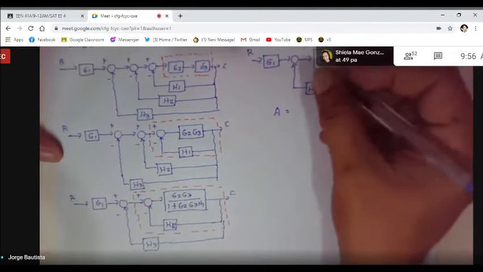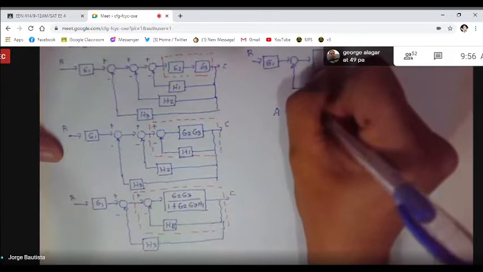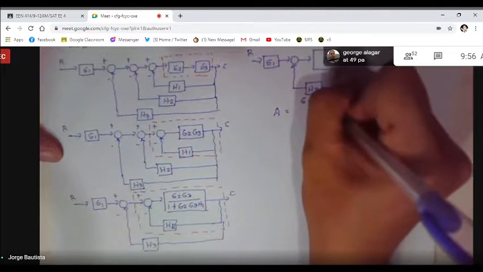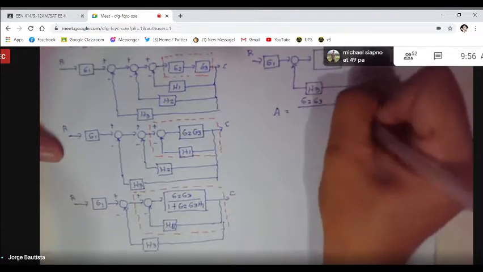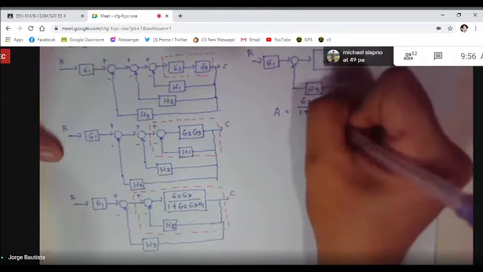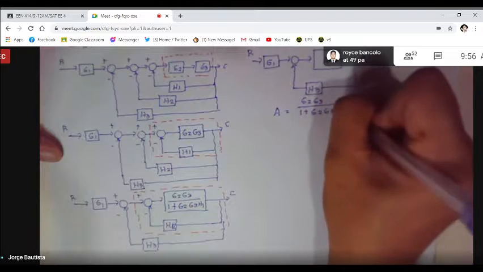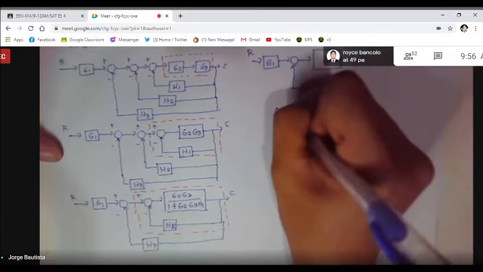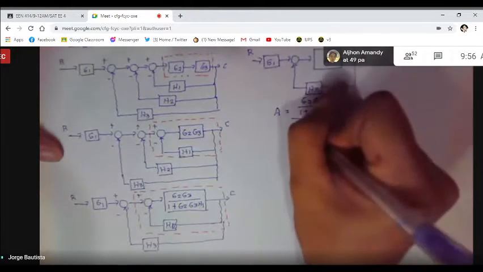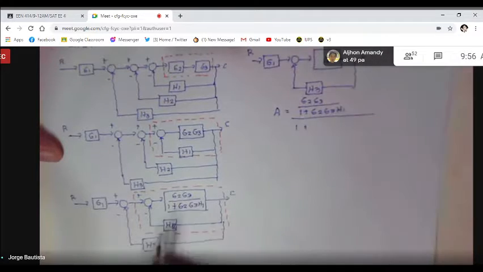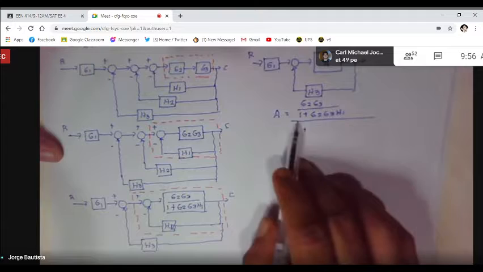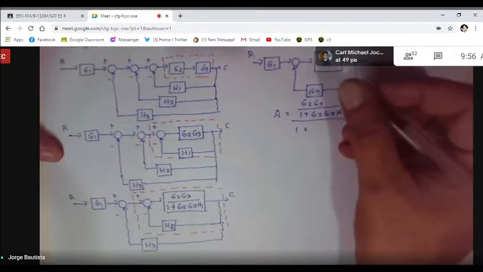Okay, so lagay natin dito, that is G2, G3, all over 1 plus G2, G3, H1, all over. So you have 1 plus, kasi minus yon. 1 plus ito at saka multiplied by H2.